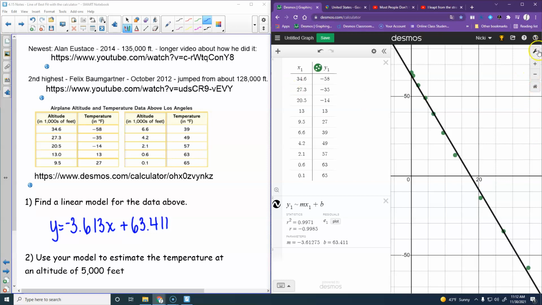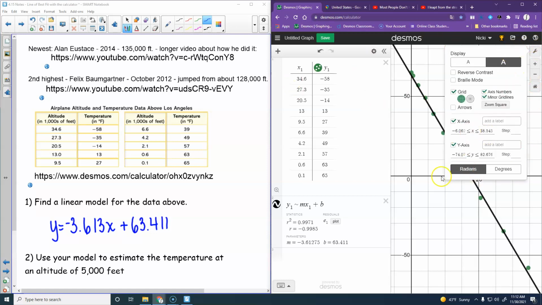Okay, so what you're putting in here, it doesn't matter the exact numbers. You don't have to get the exact numbers. What you're doing is you're setting this range so that it covers all of your x values. So the numbers I typed in were 0 to 35 because that covered all of my x's.